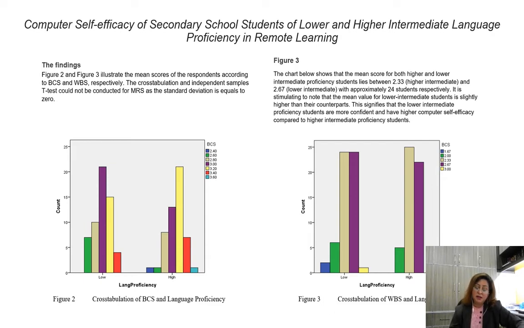Meanwhile, the chart in Figure 3 shows that the mean score for both higher and lower intermediate proficiency students lies between 2.3 higher intermediate and 2.6 lower intermediate, with approximately 24 students respectively. This signifies that the lower intermediate proficiency students are more confident and have higher computer self-efficacy compared to higher intermediate proficiency students.